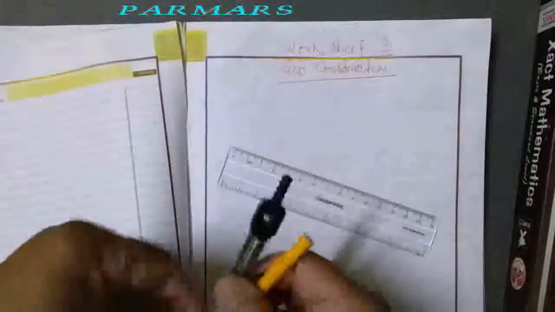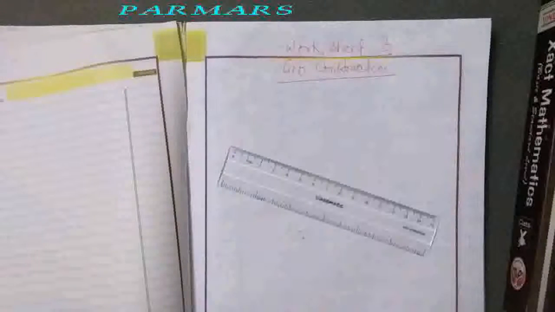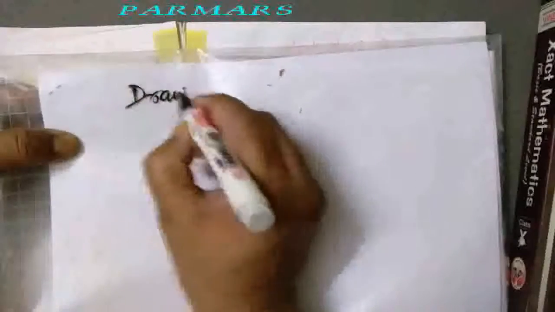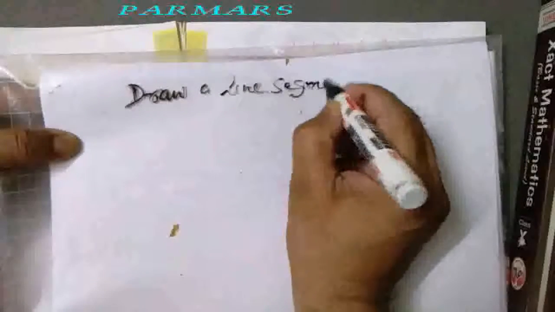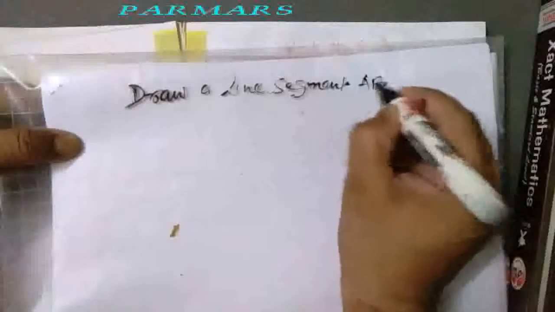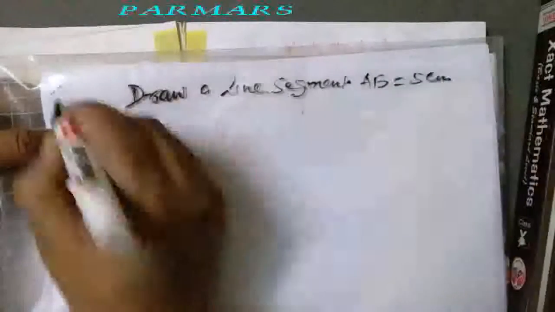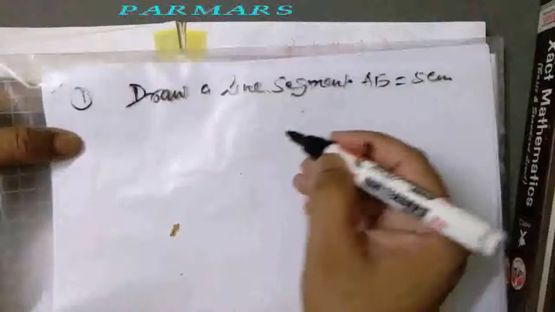Now the question is to divide into 6 equal parts. AB is 5 centimeter. Draw a line segment AB equal to 5 centimeter. This is question number 1 of worksheet 3.